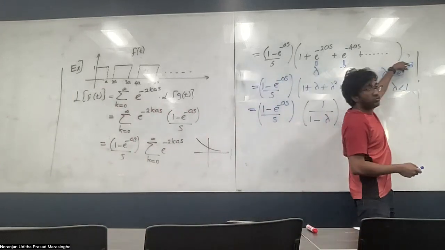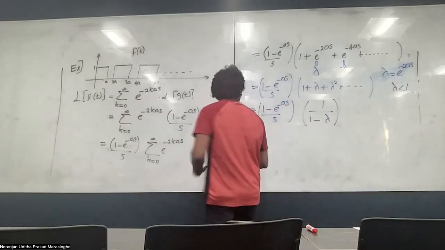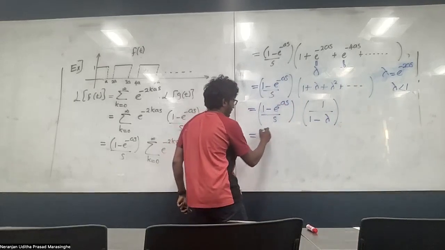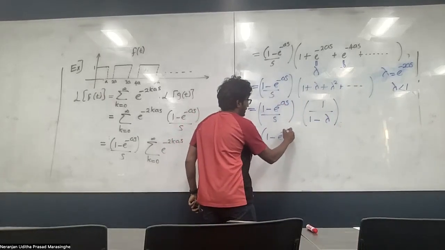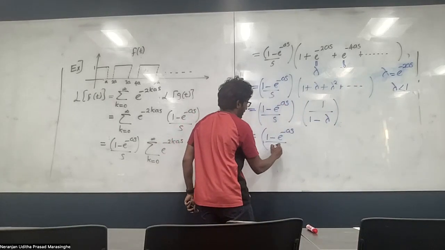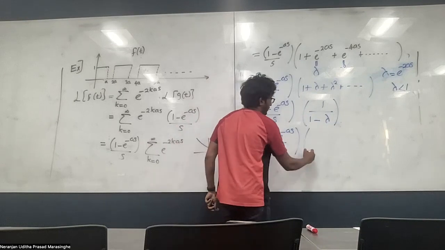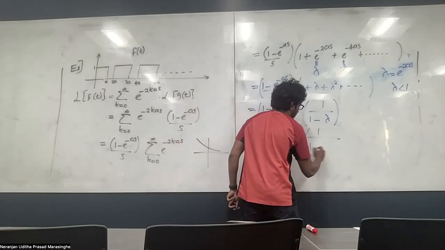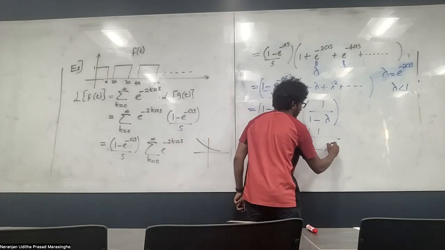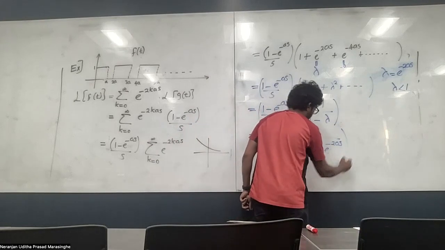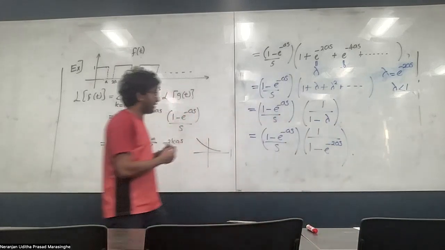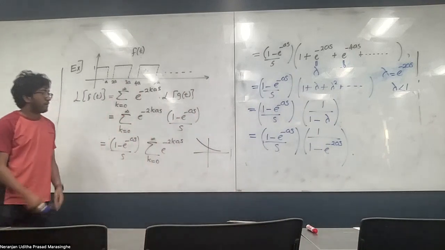It is e to the minus 2as. Okay. So (1 minus e to the minus as) divided by s, times 1 divided by 1 minus lambda, that is 1 minus e to the minus 2as. That's my final answer. Right?